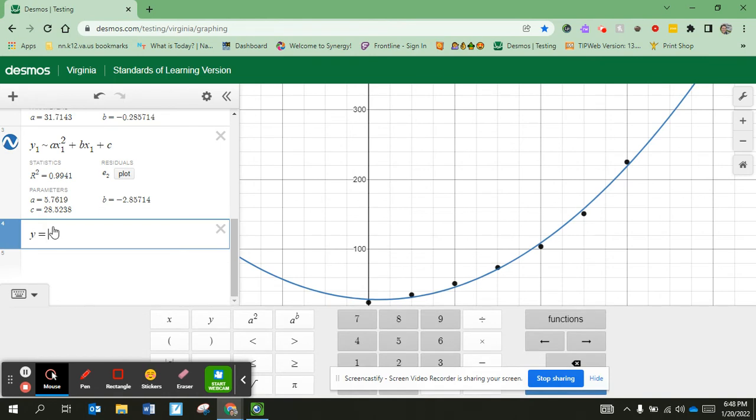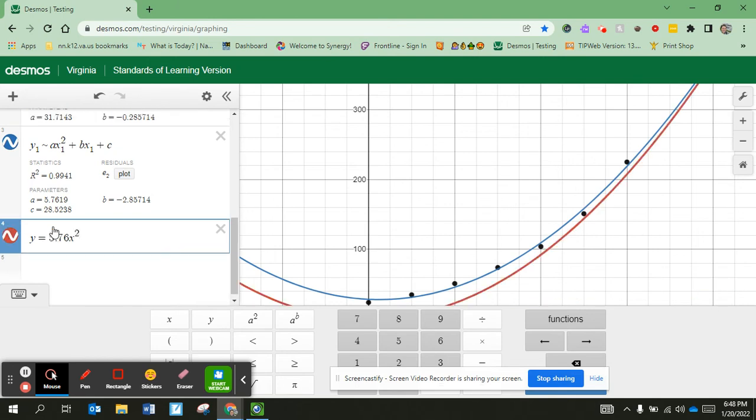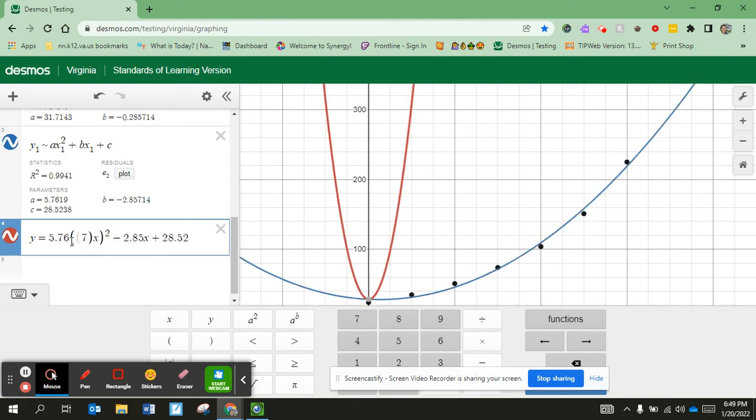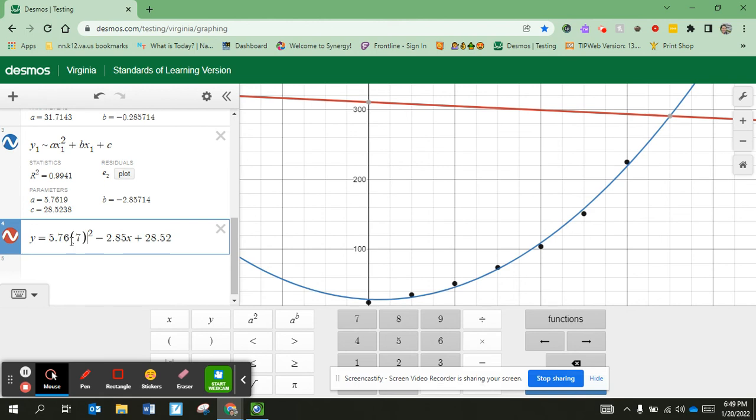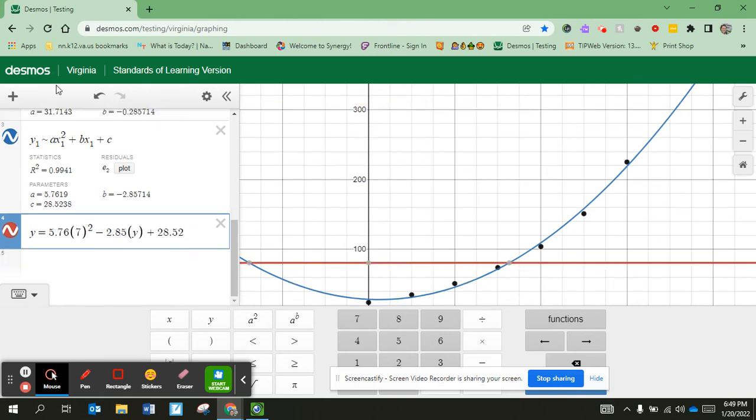Y equals 5.76 x squared minus 2.85 x plus 28.52. And then everywhere there's an x, we're going to type the number 7 because we want to know what happens when it's 7.